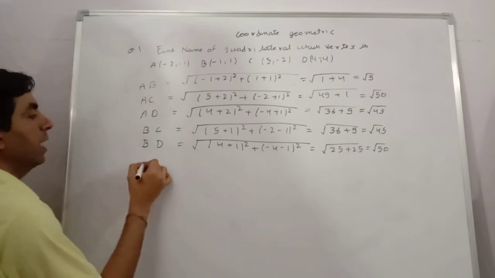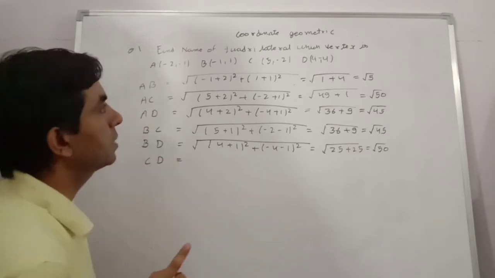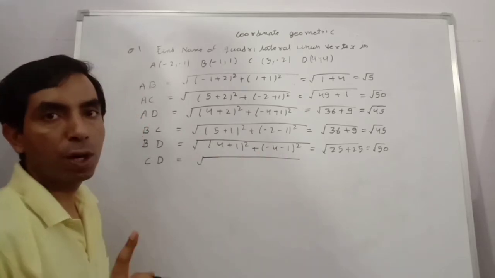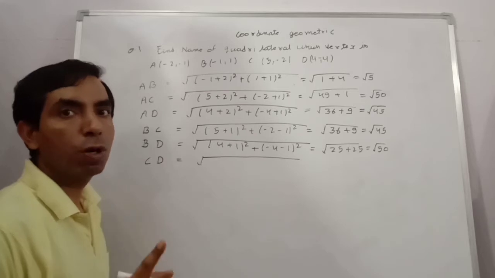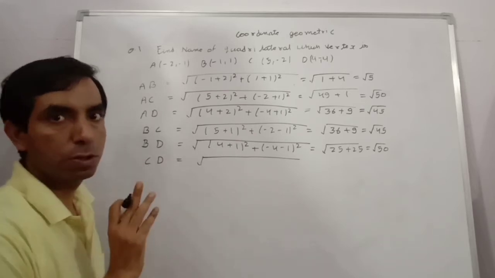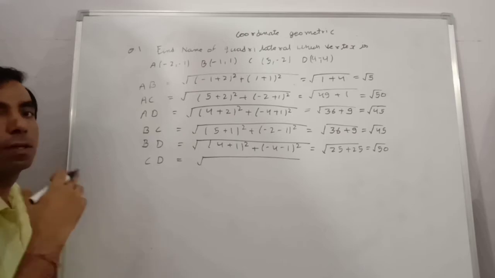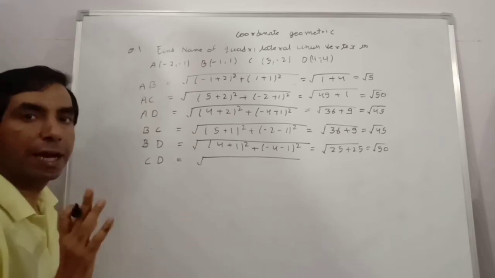Next, I find the distance of the last one, CD, because after C we have only one point, D. Every time remember that you do not need to find the distance of a previous point, because AB is equal to BA. So we do not need to find the distance from B to A again.